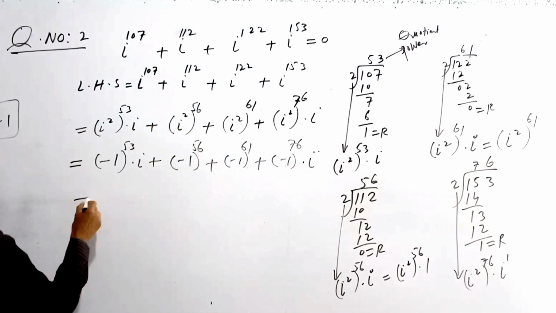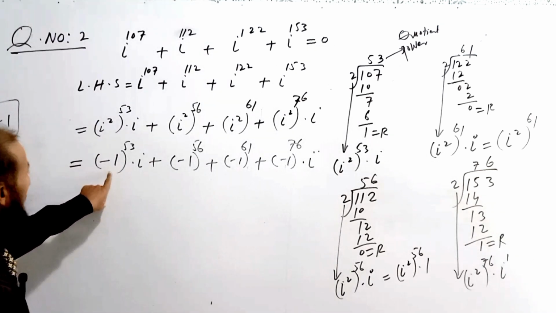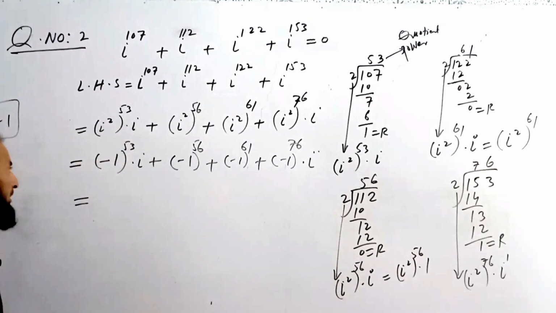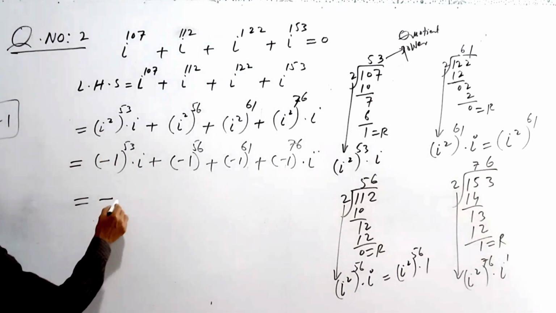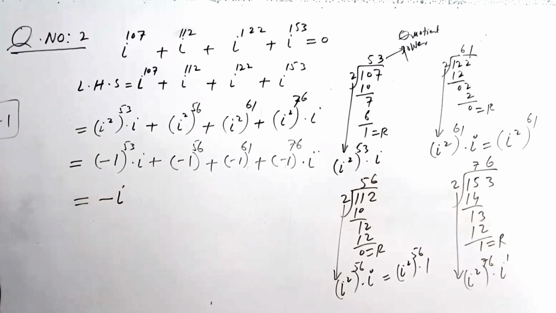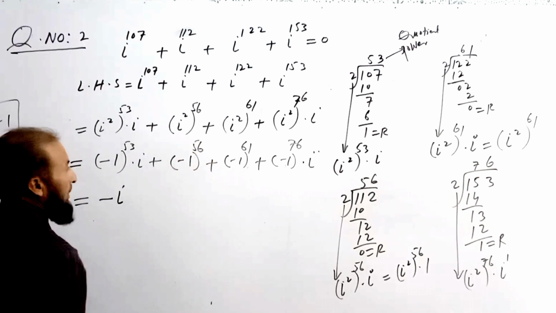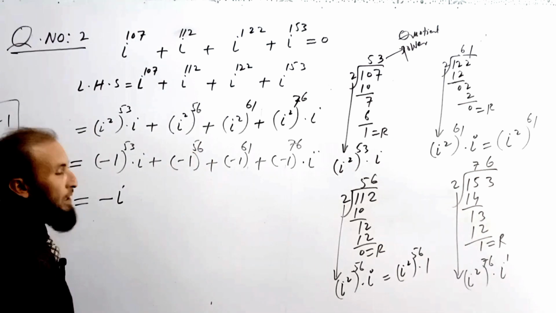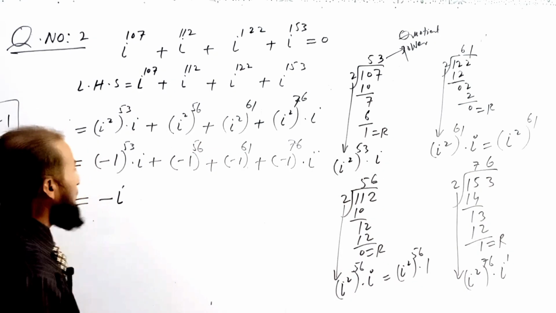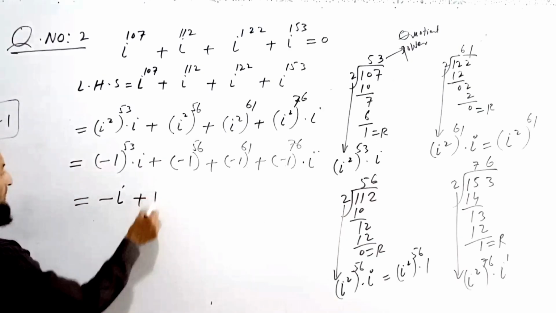Now look here, there is minus 1. If we multiply it 53 times, the exponent is an odd number, so we get minus 1. Minus 1 is multiplied by iota, so we get minus iota. Similarly, if there is an even number, if we multiply minus 1 by itself 56 times, we get plus 1.